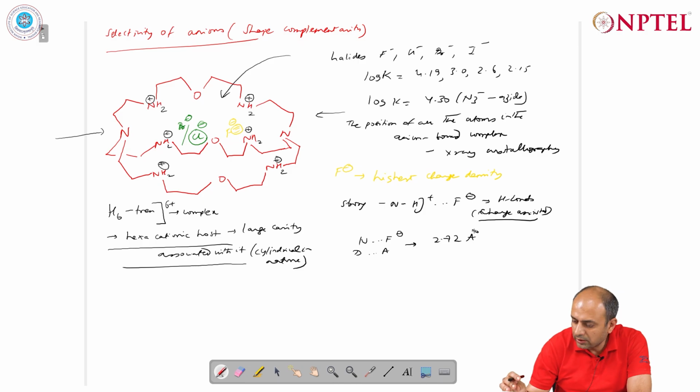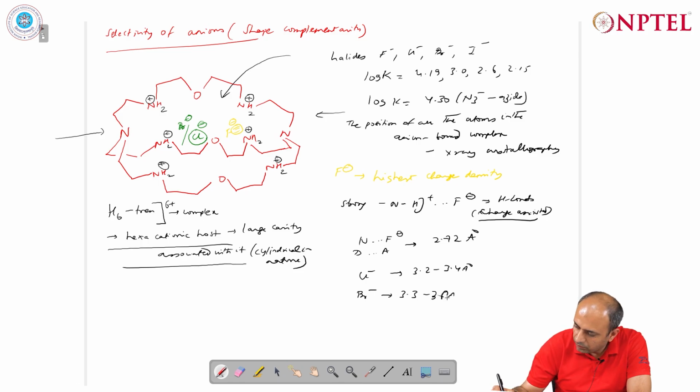And all these distances you can now get by careful inspection of the crystal structure. In the case of chloride it is around 3.2 to 3.4 angstrom. In the case of bromide it is around 3.3 to 3.5 angstrom.